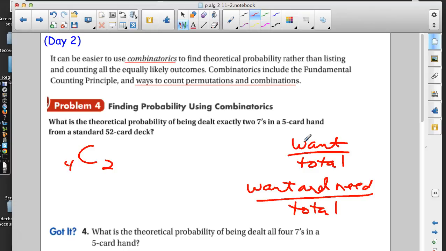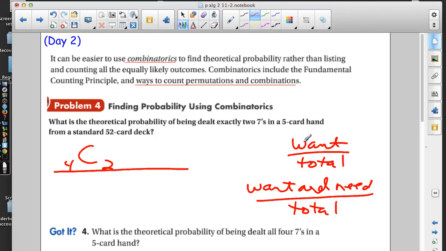But that's not all that's going to be in my hand. That's where the need comes in. While I have my 2 sevens, I can't just say, okay, stop, don't give me any more cards. I'm going to have 5 cards. So my want is filled. But the need part is, I need 3 other cards.